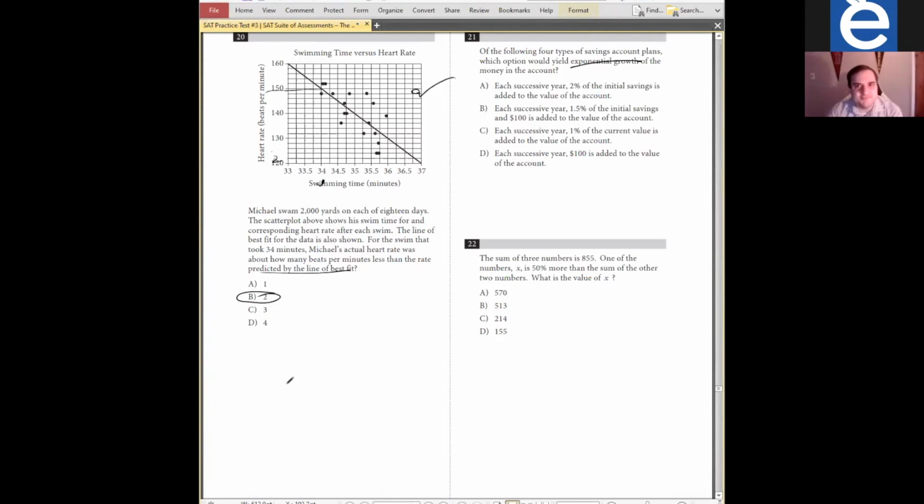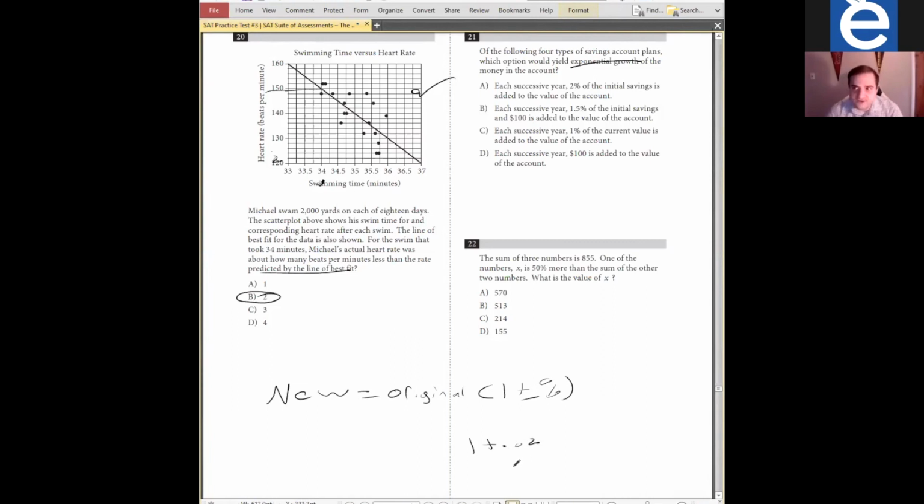So here's the exponential growth equation. The new amount is going to be equal to the original amount times 1 plus or minus the percent change, right? And what do I mean by that? Well, if it increased by 2%, it would be 1 plus 0.02.